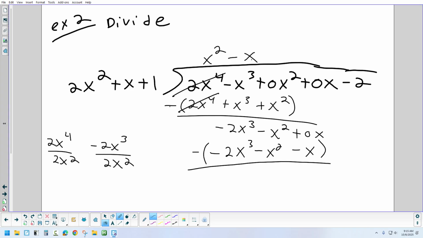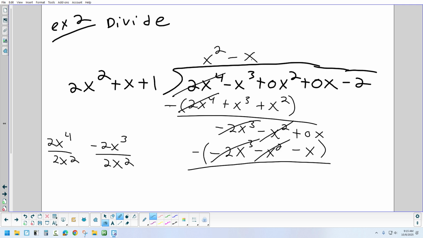Okay. What happens when we subtract there? What's negative 2x cubed minus negative 2x cubed? They cancel out. What's negative x squared minus negative x squared? That cancels out, because that's negative x squared plus x squared.